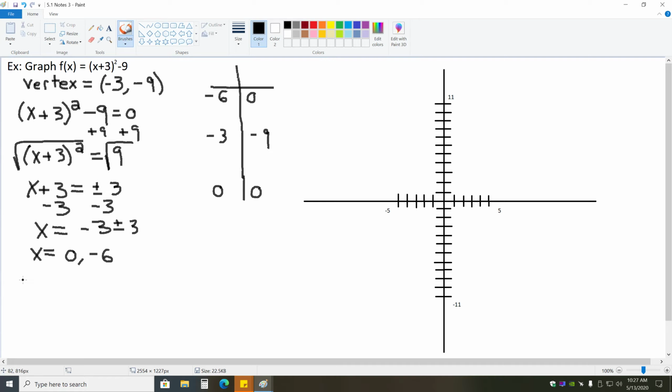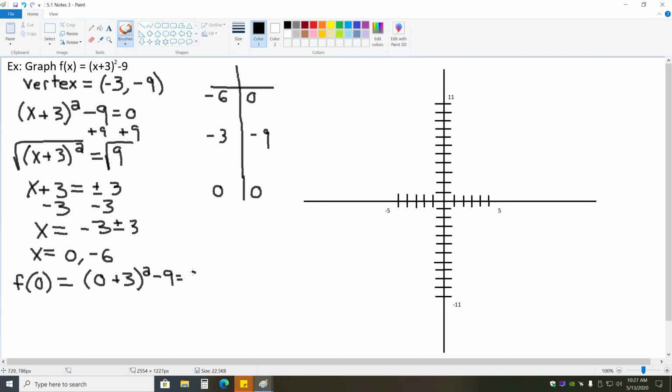And remember, we need the y-intercept at this point that we get by plugging 0 into the function. So that gives us 0 plus 3 quantity squared minus 9. 0 plus 3 is just 3.